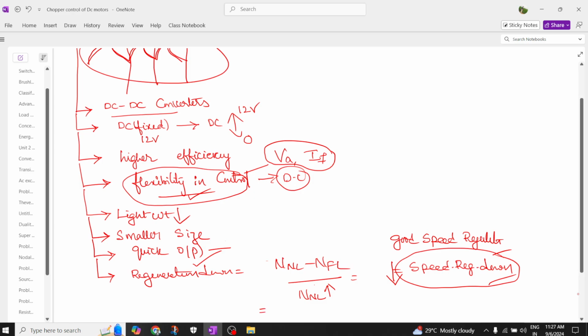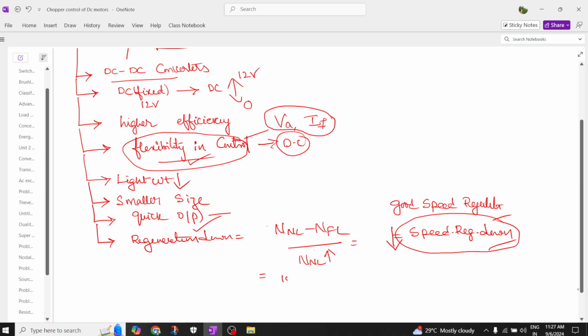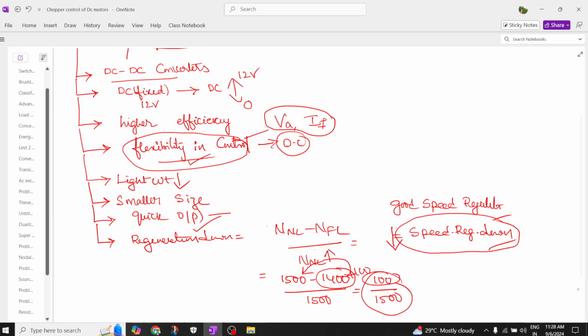If you take this speed regulation, here we have a no load speed of 1500 rpm, and due to loading the speed becomes 1400. So what is the difference you are going to get? 100 divided by 1500. The change in speed is 100, which means that whenever the load is high, the speed decreases, and the value is improved by taking the required amount of voltage, and the motor is able to rotate at 1500 rpm automatically.